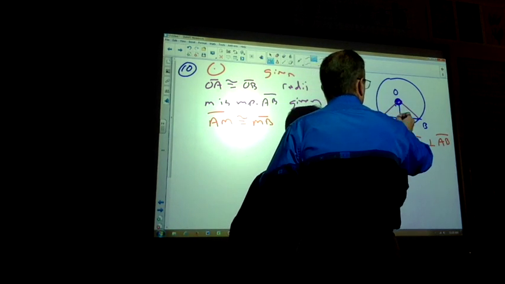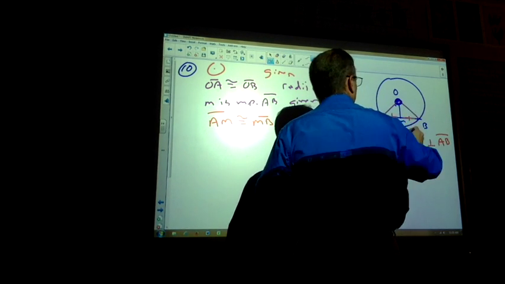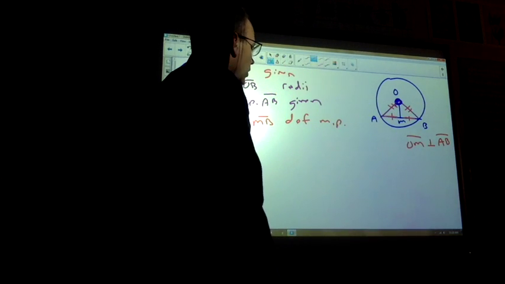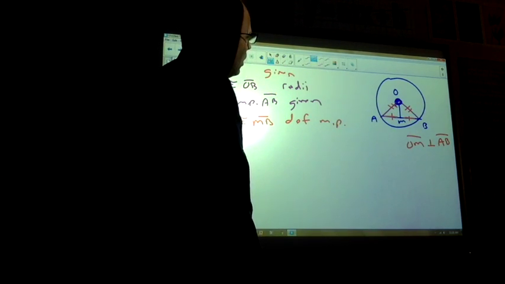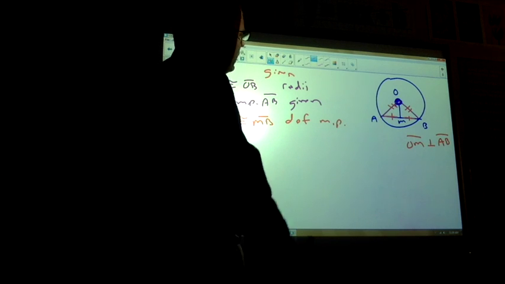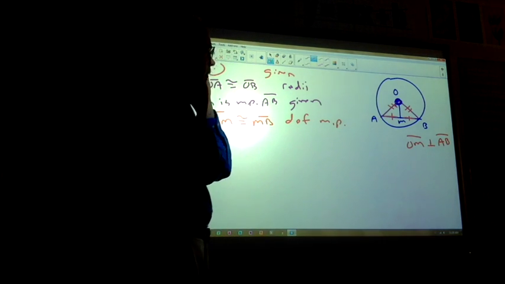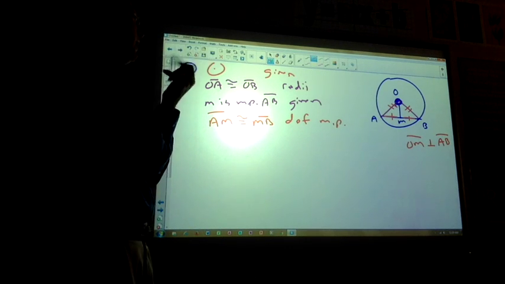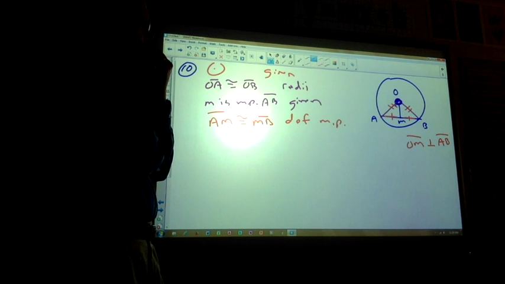So this and this are the same, and we already knew that and that are the same. And reflexive. We could do reflexive, but I don't know if we have to prove the triangles are congruent yet. I like the reflexive, and if you chose to do it, that'd be great. That would show side, side, side of the two triangles. But what about OA equals OB?